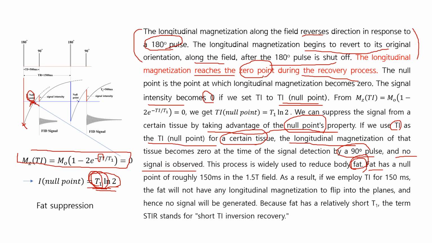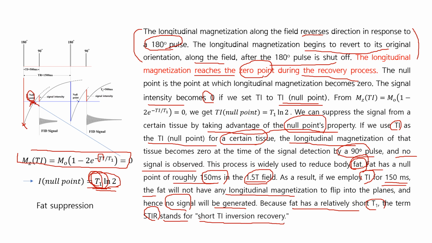Fat has a null point of roughly 150 milliseconds in the 1.5 Tesla field. As a result, if we employ Ti of 150 milliseconds, the fat will not have any longitudinal magnetization to flip into the plane, and hence no signal will be generated. Because fat has a relatively short T1, the term STIR stands for short Ti inversion recovery pulse sequence.